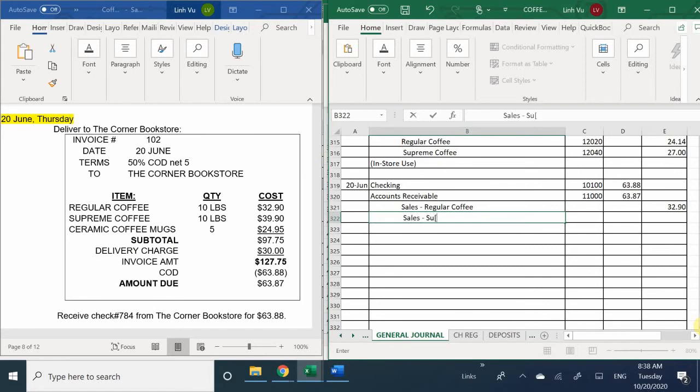Oh, wrong side. Supreme Coffee $39.90. All right. Then the ceramic mug sales for $24.95.